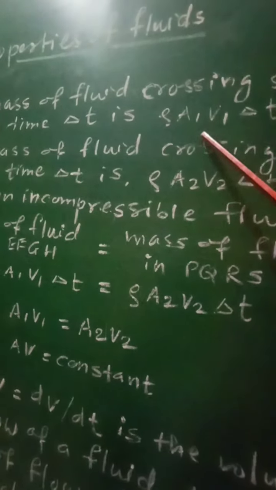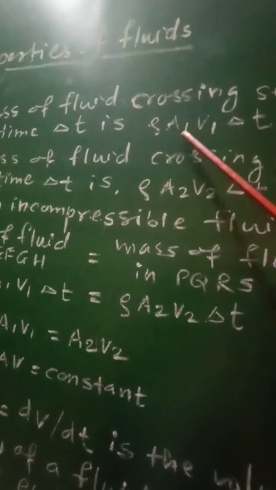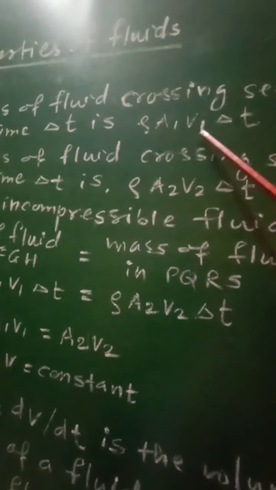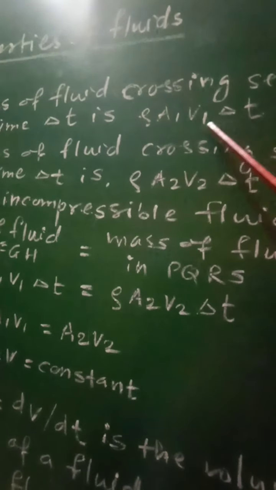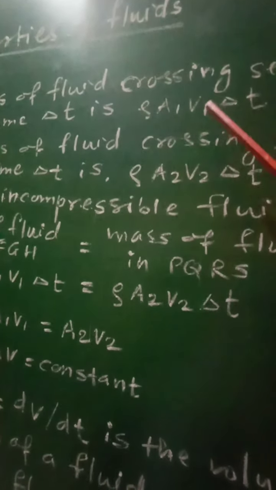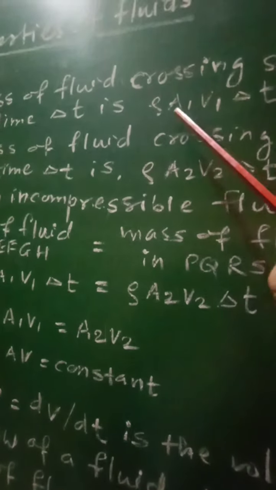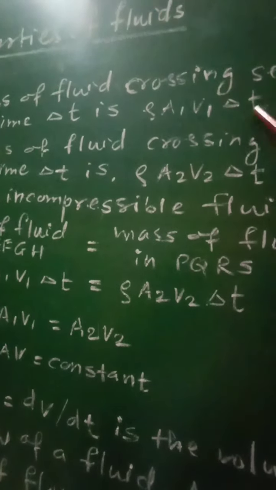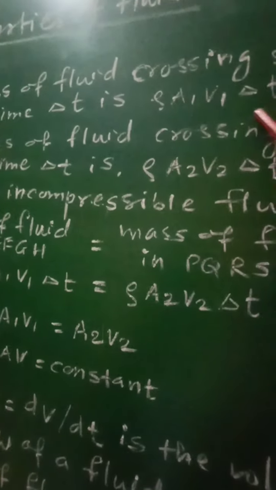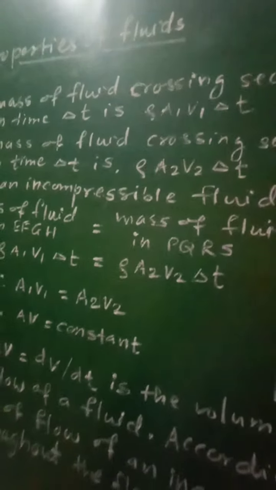Now in this equation of the mass, rho is the density of that fluid. A1 represents the area of cross section and v1 delta t will be the displacement, that is the length of that section, that is GH, and therefore this total product will represent mass, because A1 v1 into delta t represents the volume of that section EFGH, and density into volume gives mass.